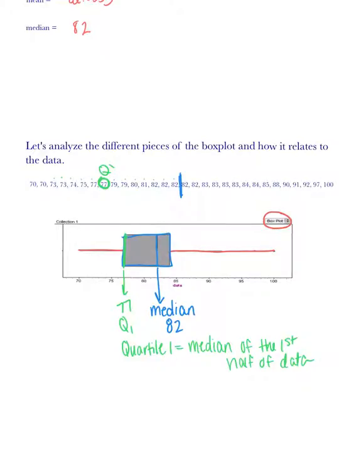So if that's quartile 1, this right here, which is at 84, is quartile 3. And if quartile 1 is the median of the first half of the data, quartile 3 is the median of the second half of the data.